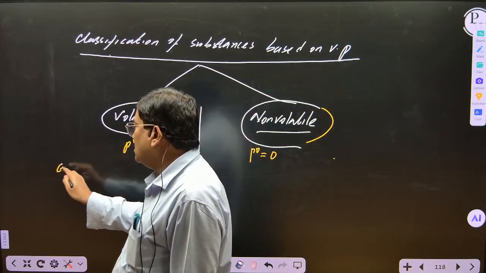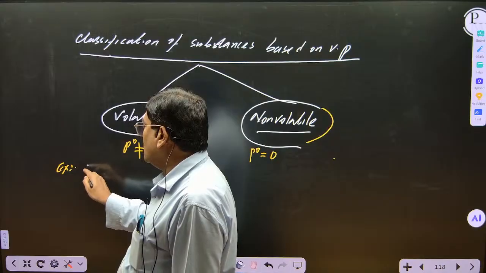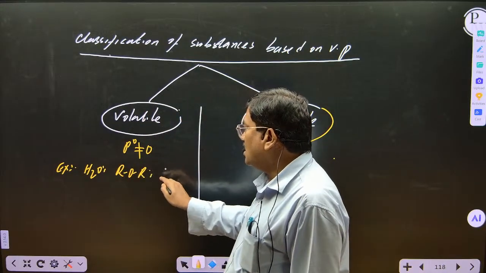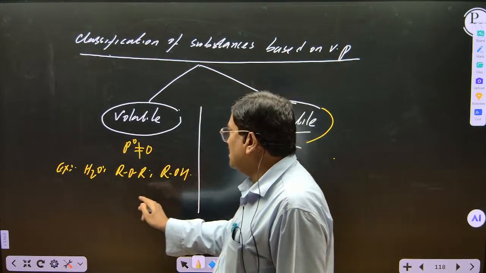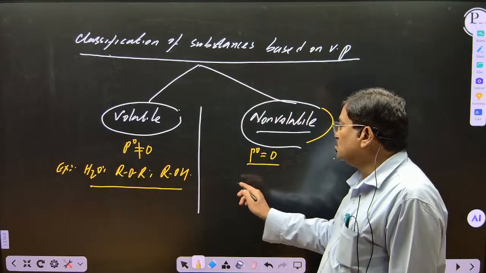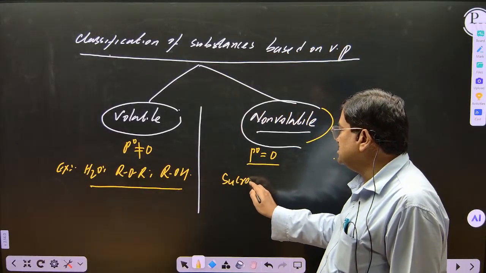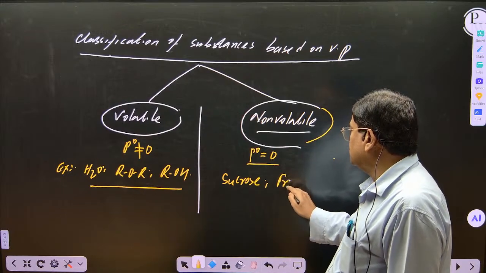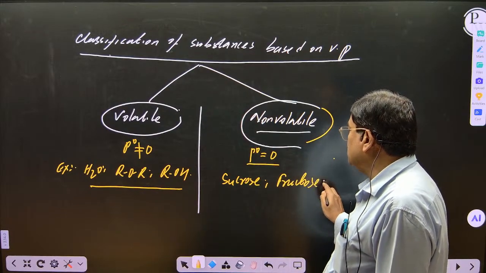Then what are volatile liquids? You can take all organic liquids like water, ether, ROH alcohol. So these are all volatile. Whereas non-volatile means, take sucrose. Sucrose is a biomolecule, a carbohydrate we study, and fructose, urea.